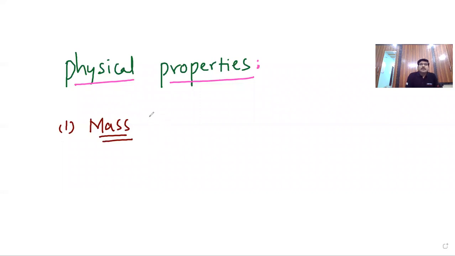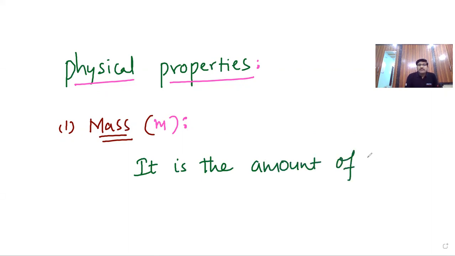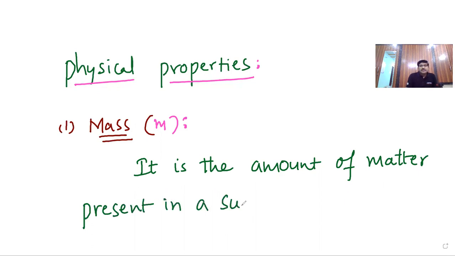Mass, simply denoted as M. Mass is defined as the amount of matter present in a substance.